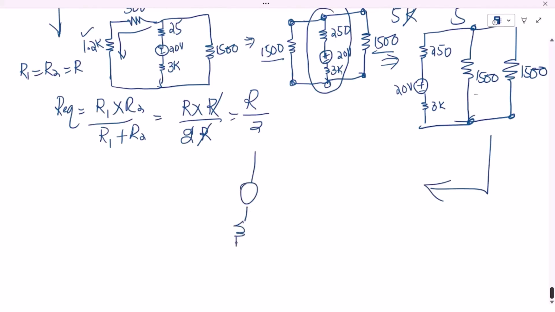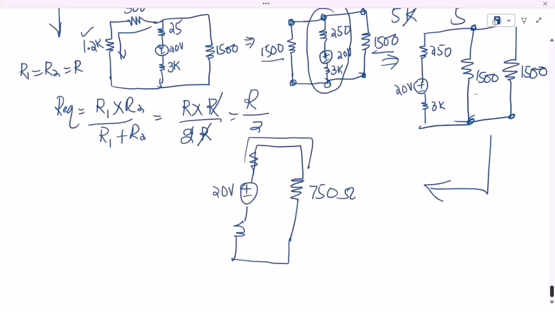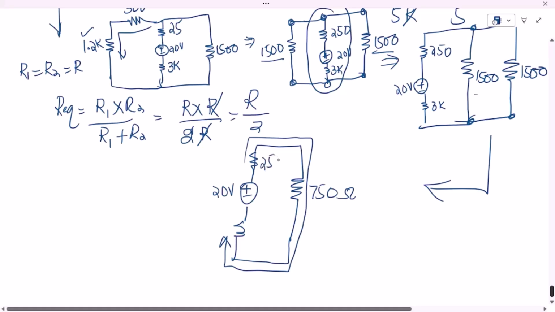This source, this resistor, another resistor, and the equivalent of it will be here 750 ohm. Now this is the 20 volts source. The same amount of current is flowing through all of them, so this 250 ohm, this 750 ohm, and this 3k ohm are all in series with each other.